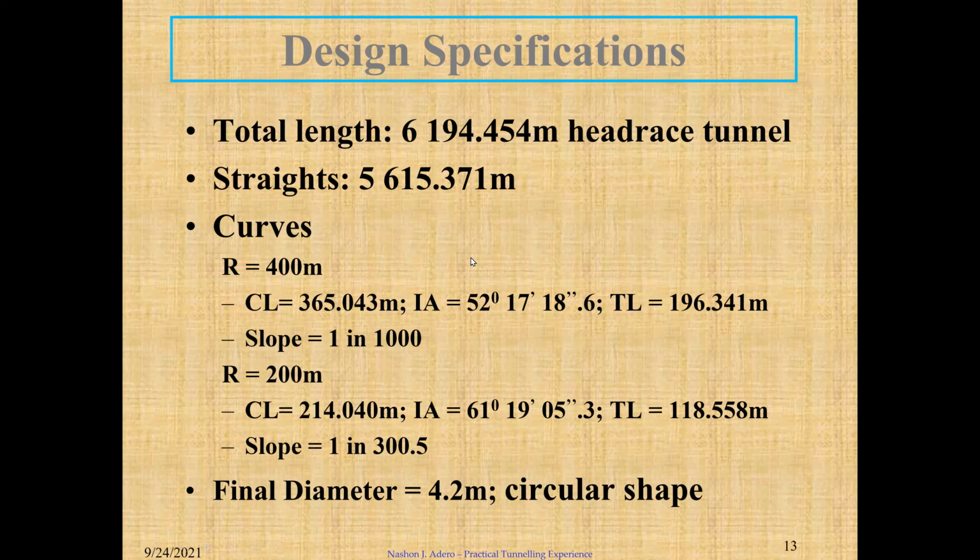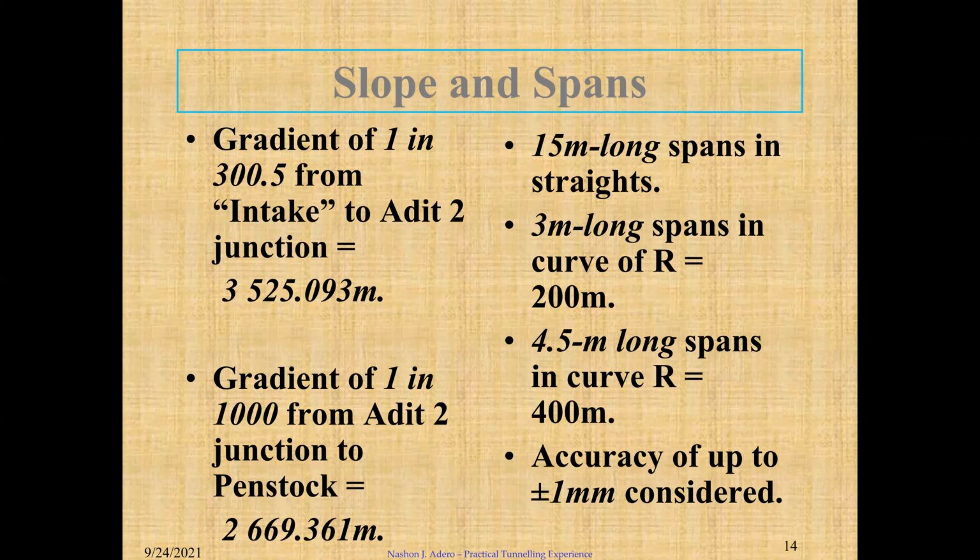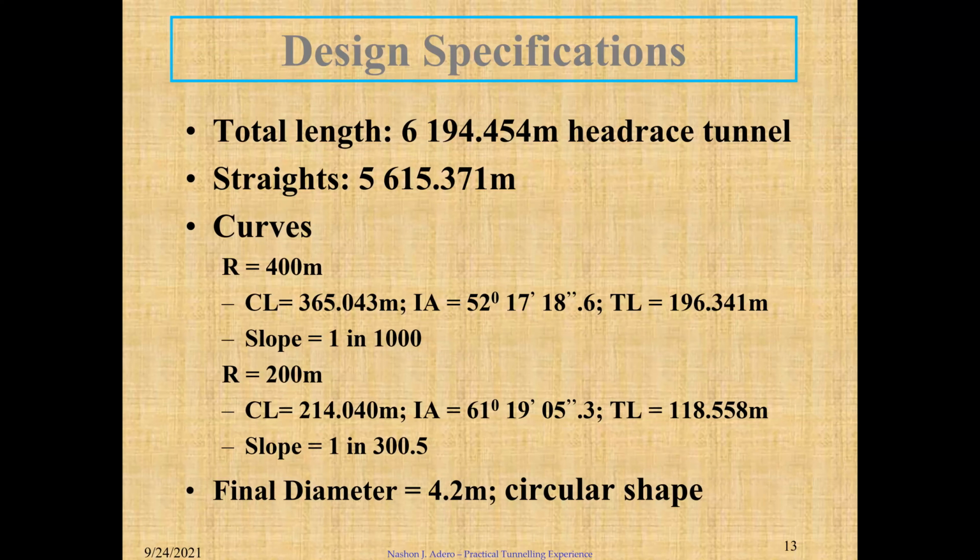So look at the design specifications now. Total length. Straights means the straight sections, as we saw before. We have straights and curves. The curves we had in the tunnel, a curved section which had a radius of 400 meters according to the design, curve length of that, intersection angle of that, tangent length of that. Slope for that section was designed to be 1 in 1,000.